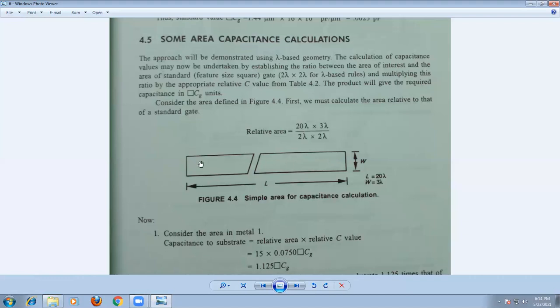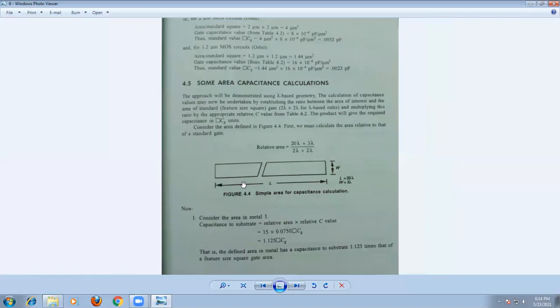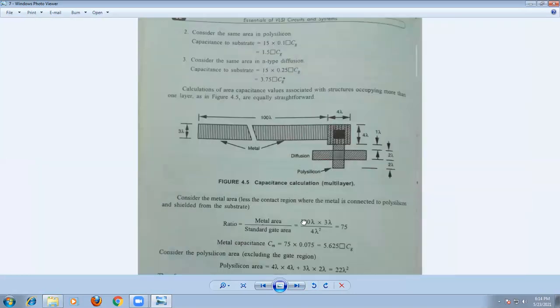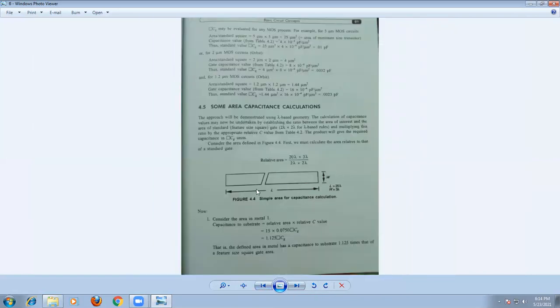The area is the same whether it is metal, polysilicon, or N diffusion. It may be anything: metal, polysilicon or diffusion layer. L is equal to 20 lambda and width is equal to 3 lambda.